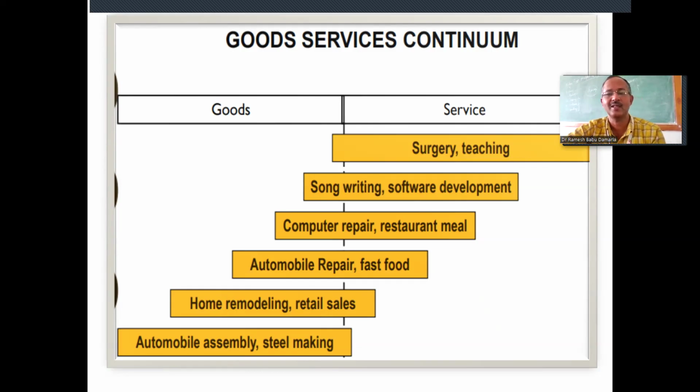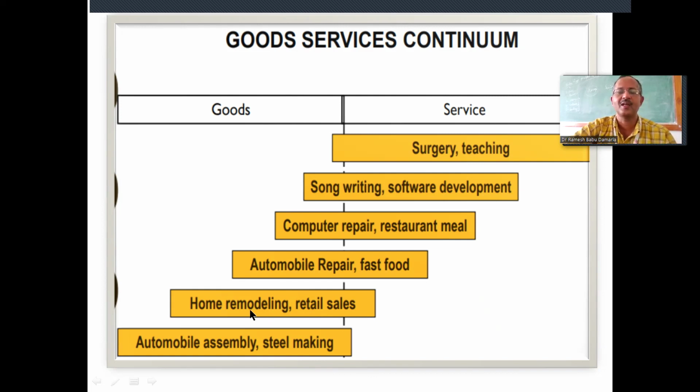So in this case, the service component is minimal. You can see the demarcation line, almost more than 90% is goods component, a little bit is service component.